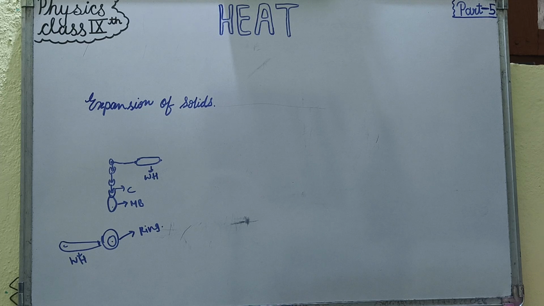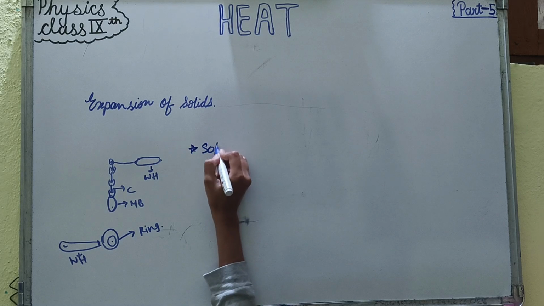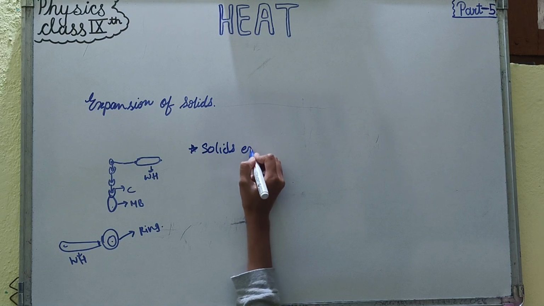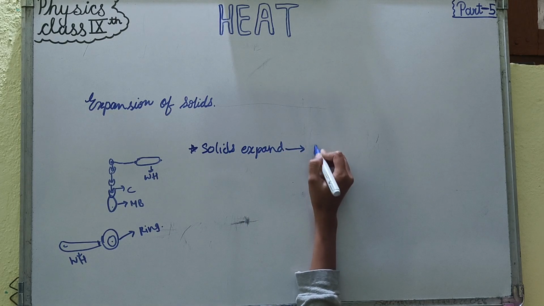We observe that the ball does not pass through the ring. This means on heating the diameter of the ball has increased, and it can be concluded that solids expand on heating.